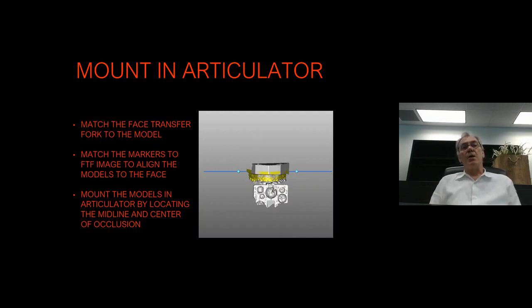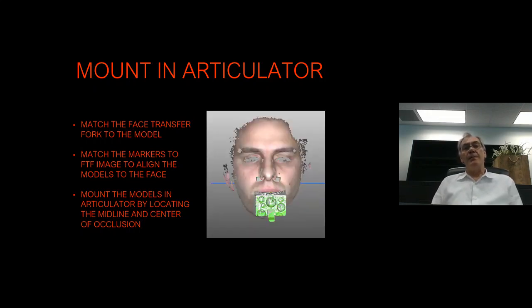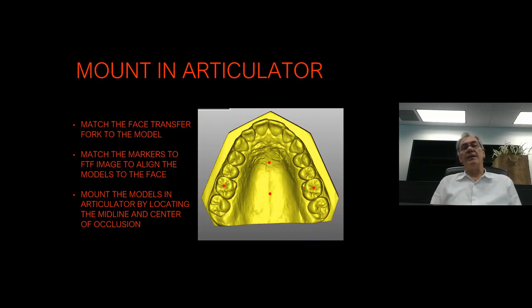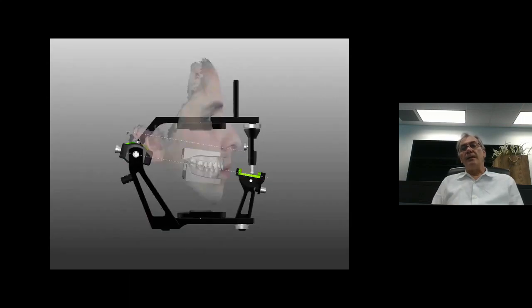And then we matched the markers to the face transfer fork image and aligned the models to the face, and mounted the models in the articulator by locating the midline and center of occlusion. The models were mounted according to this specific data.